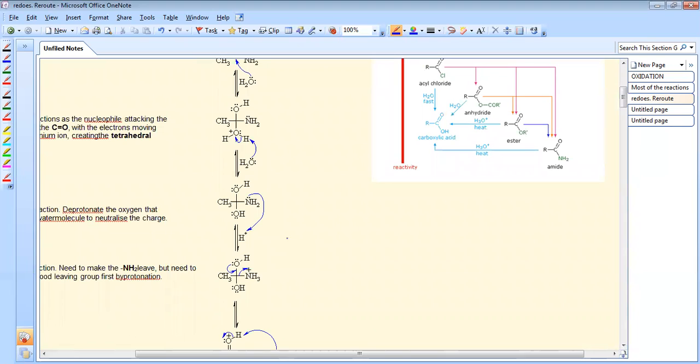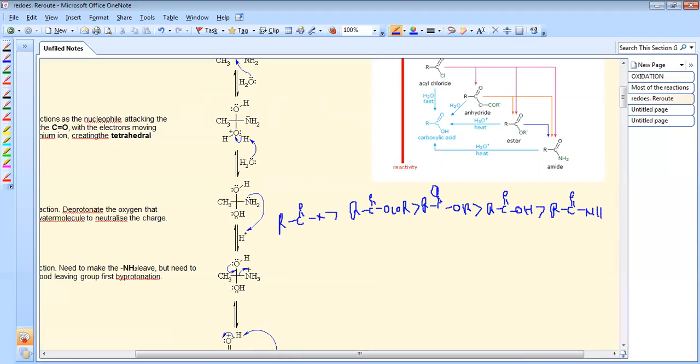Acid halide, whose general formula is R-C=O-X, is more reactive than anhydride, which is R-C=O-OCOR. Then ester, R-C=O-OR, then carboxylic acid, and the least reactive is amide.